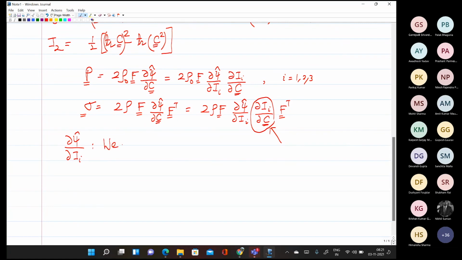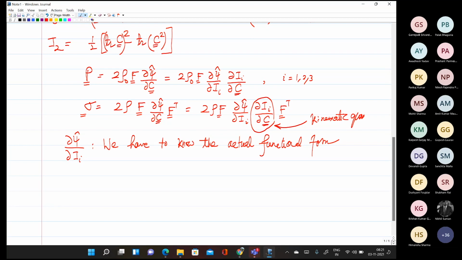So here we have to know the actual functional form. And about this, I said that it's a kinematic quantity, and hence it can be found out, which we will do now. So it depends on kinematics.